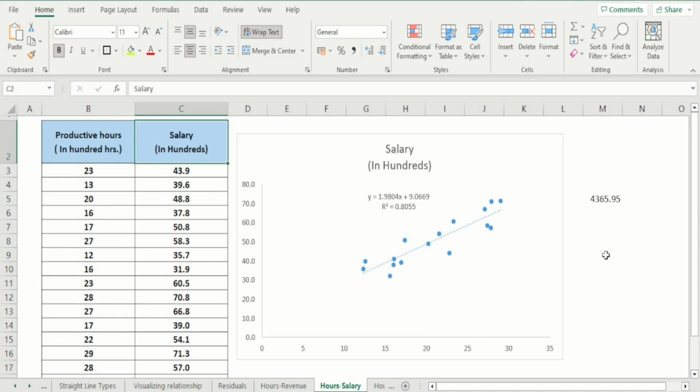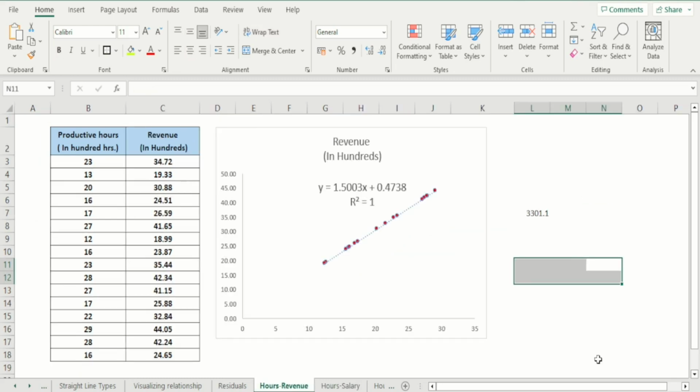So here we've seen another example of estimation or correlation of a linear nature. Using this example, we can say that 80.55% of change in salary is explained by productive hours. Remember the last example when we were looking at revenue and hours?